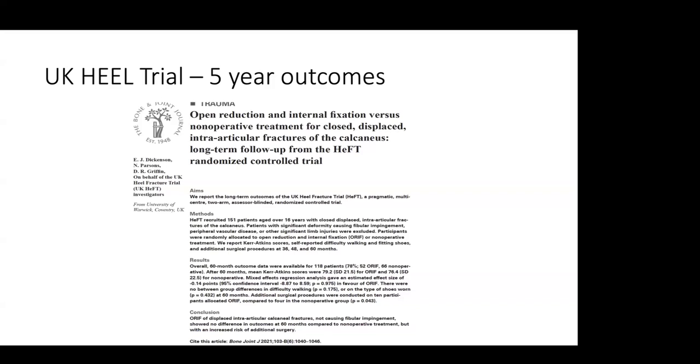The negative things that you can see are that only 118 patients out of 151 were included, and I don't see here any comment on where the missing data is, where the rest of the patients have gone.